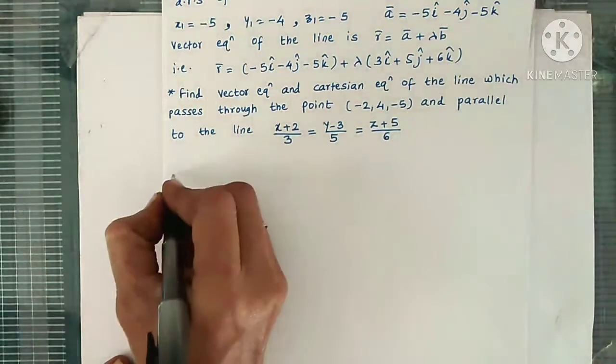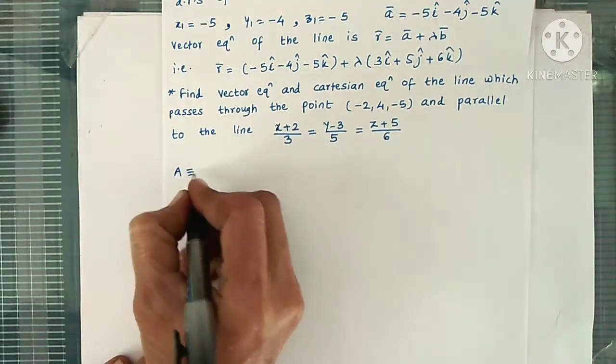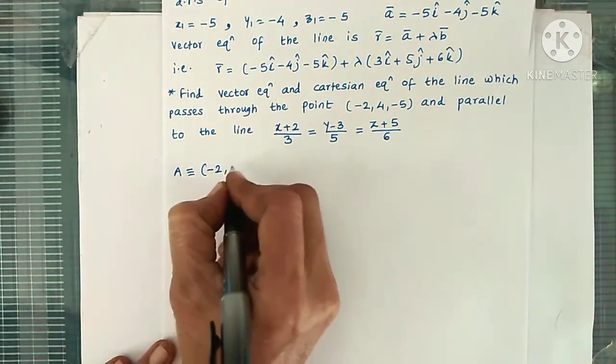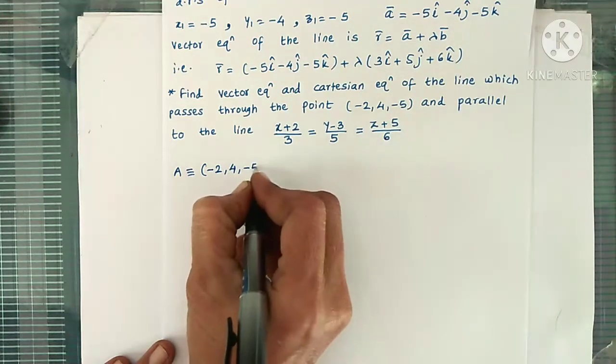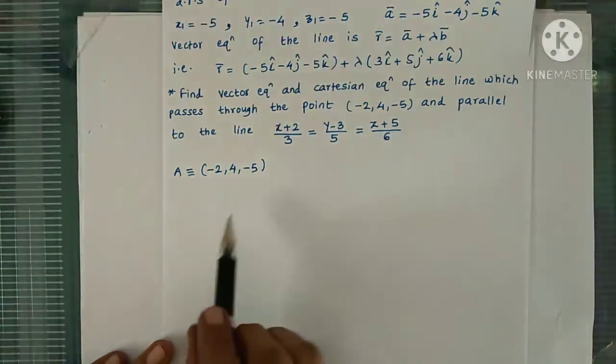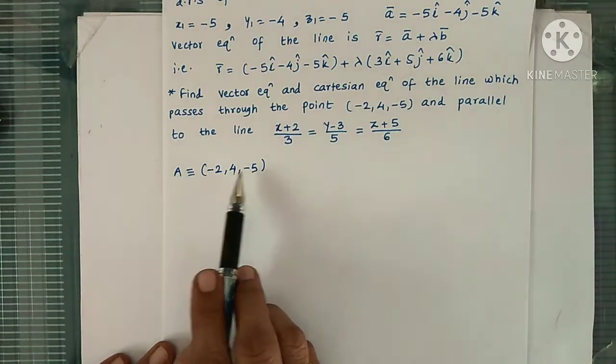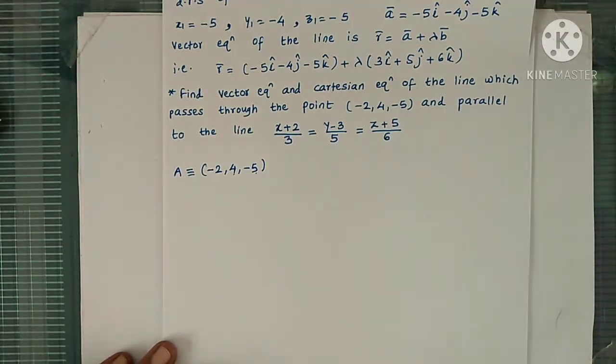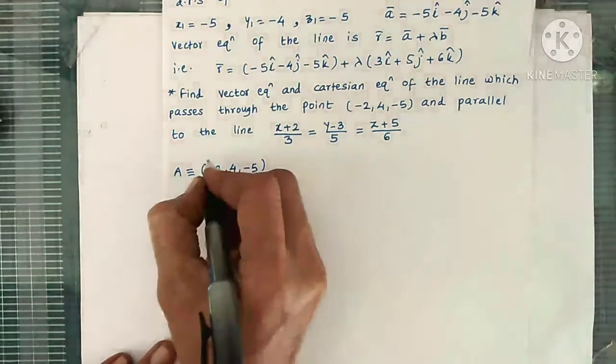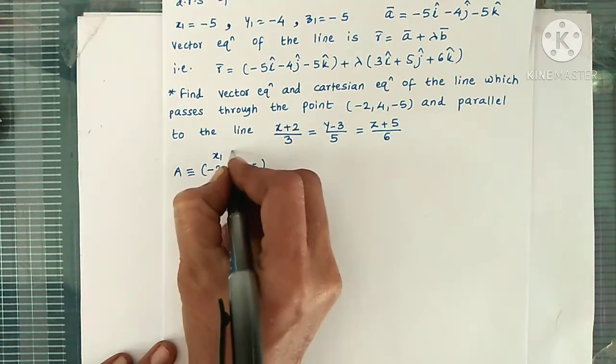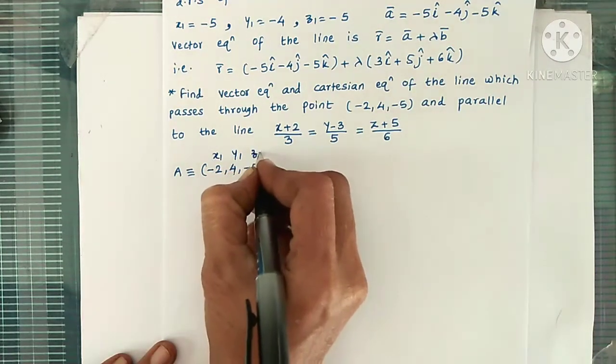So point A is (minus 2, 4, minus 5). So we have a bar as minus 2 i cap plus 4 j cap minus 5 k cap. Or we write this A as (x1, y1, z1).